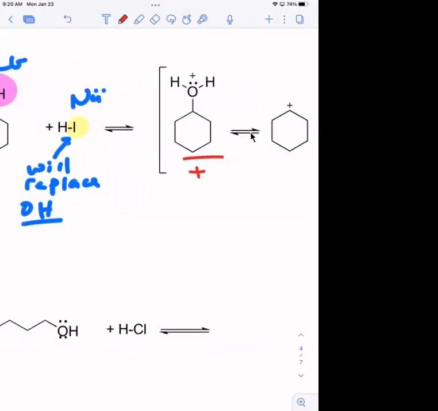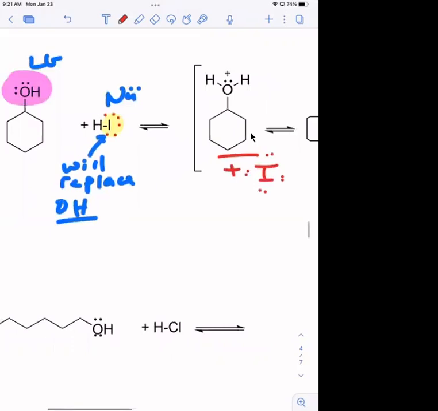And I'm going to put the I down here with the electrons around it. What does it look like happened to the OH group? It added a hydrogen.